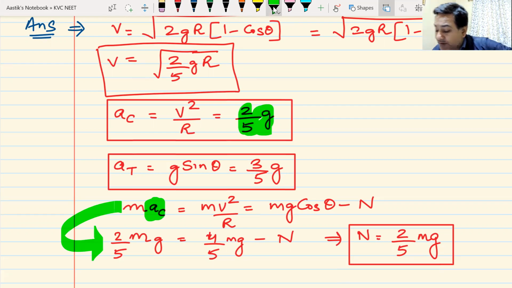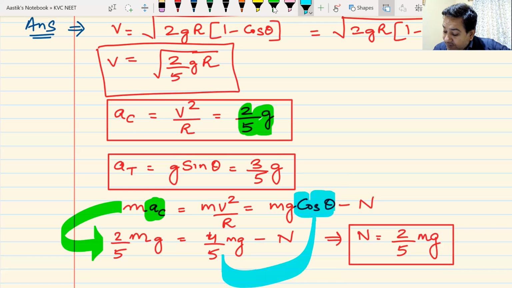So this becomes 2 by 5 mg. I just put the value of cos theta. Cos theta is 4 by 5. And I get this equation. From here, I can get the value of N, and N is 2 by 5 times mg. Do we understand this, everyone?